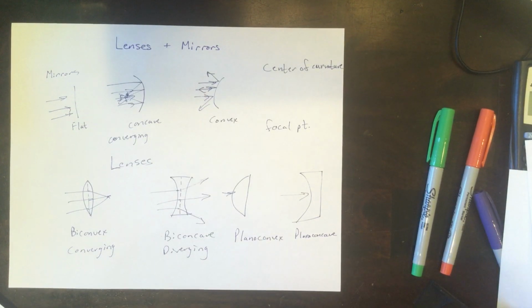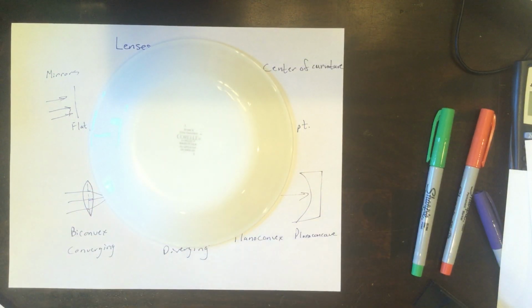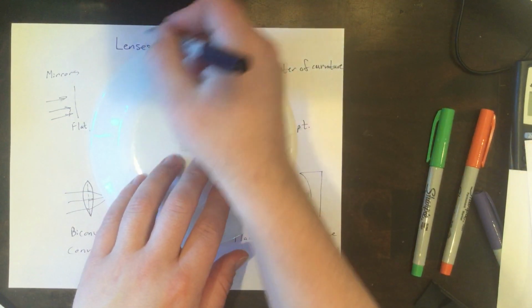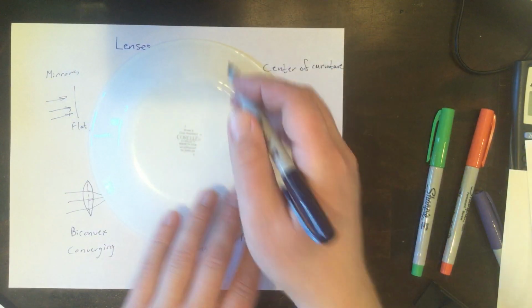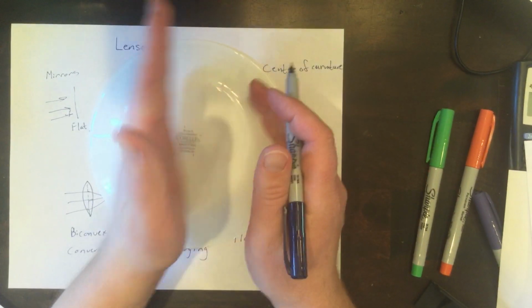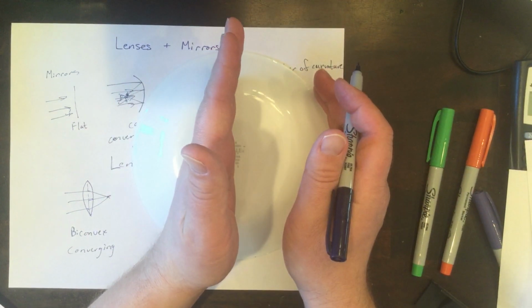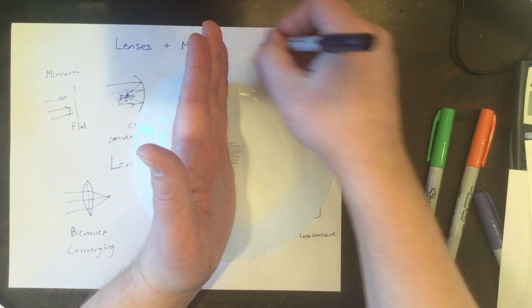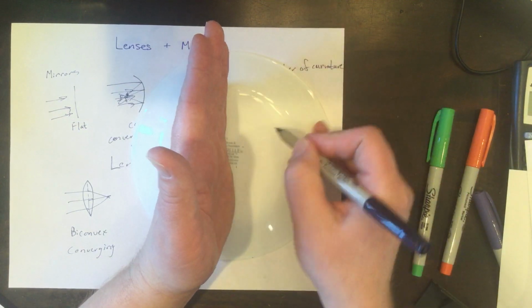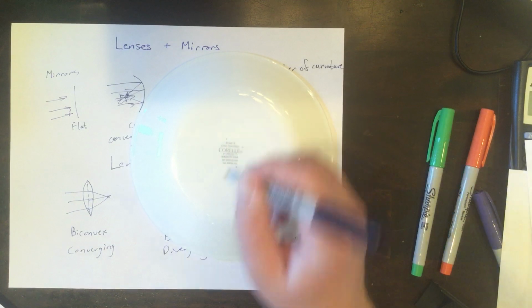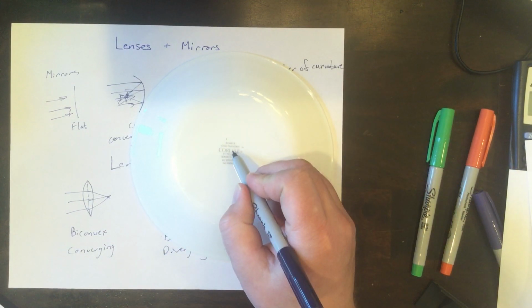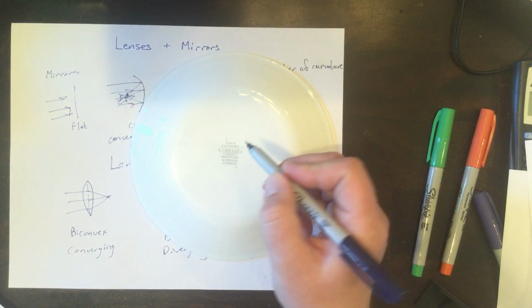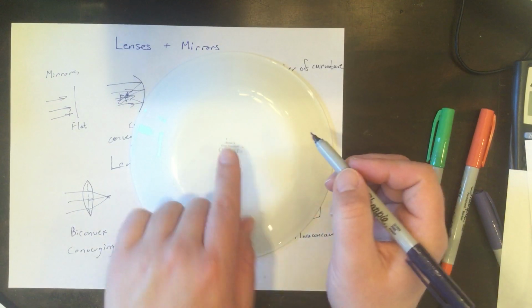But if we had a big plate, and we draw a circle around the whole plate, or let's just say we cut the plate in half, or you had a protractor, and you draw half a circle, the center would be the center of curvature, okay?